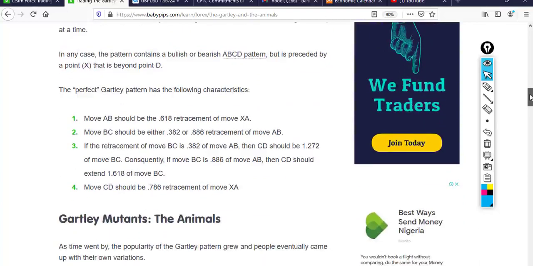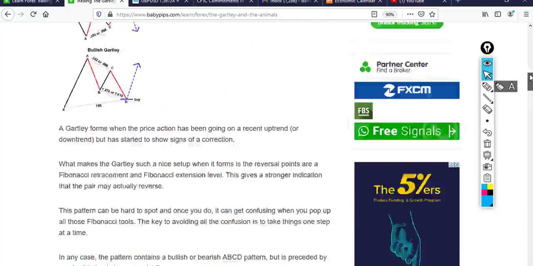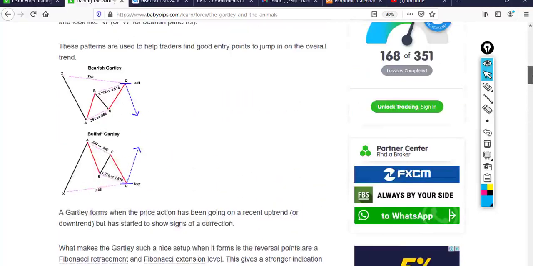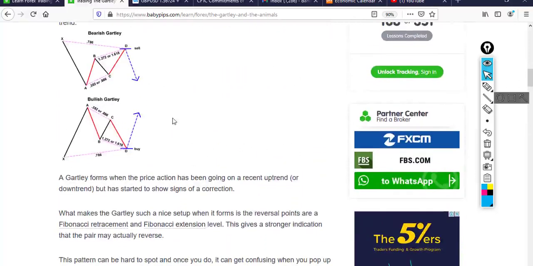So let's look at the characteristics of a perfect Gartley pattern as we have seen in the diagram above, this diagram here. Number one, move AB should be the 0.618 retracement of move XA. Do you understand that? Move AB should be the 0.618 retracement of move XA.